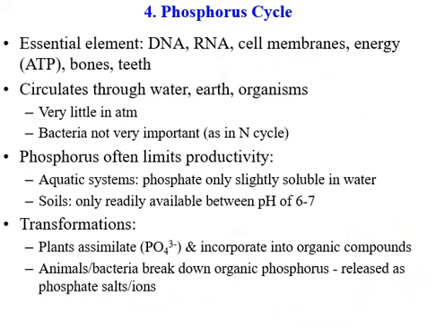All right, well, let's look at phosphorus as the last element to look at. I mentioned before, phosphorus is in every DNA, every RNA. Phosphorus is part of cell membranes, phospholipids, very important for cell membranes. And it's in ATP. It's also in living things. It's in bones, it's in teeth, it's a structural element.